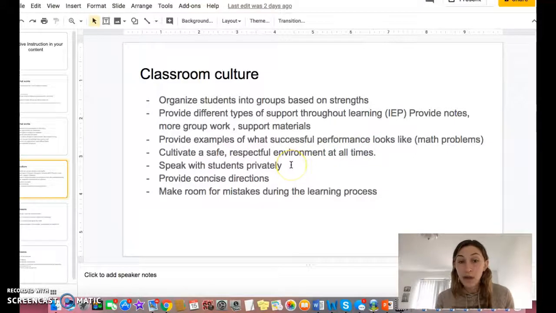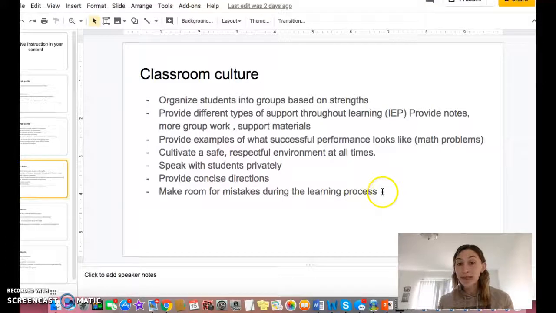Speak with students privately. This is important to not publicly humiliate a student. You want the student to have respect for you, and by throwing them under the bus in front of the class, that may not be the most effective way to reach that student. Provide concise directions. This keeps everything organized and stops chaos in the classroom.